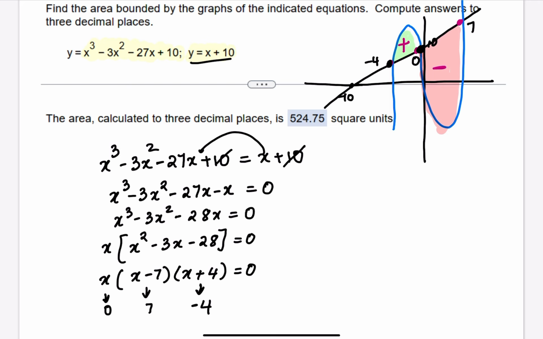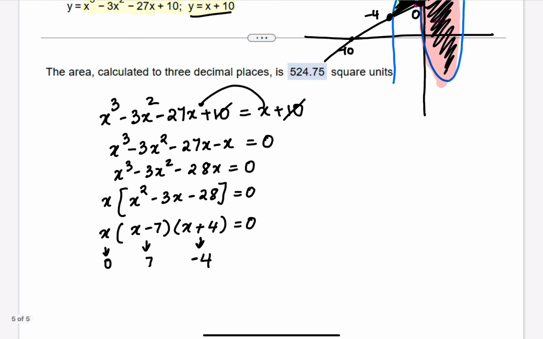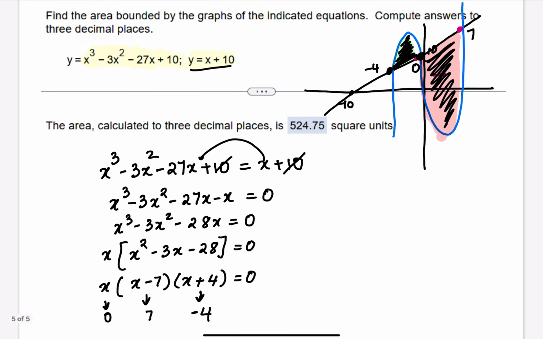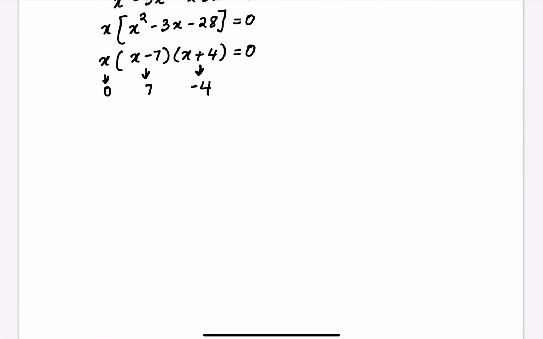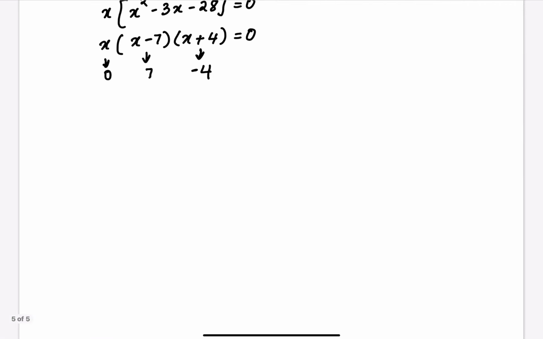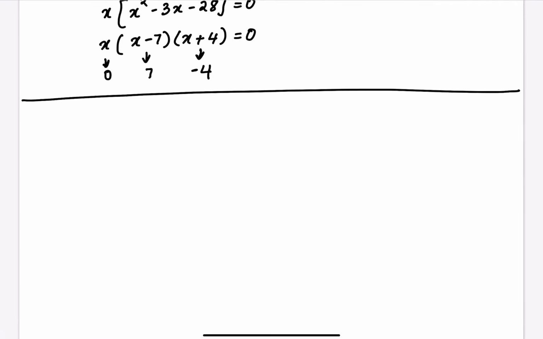So now I have to find area from negative 4 to 0, and from 0 to 7, the one below. Okay? So there's two parts to this equation. Let's go ahead and do it step by step. I am going to use two different integrals: this is from negative 4 to 0, and this is 0 to 7.